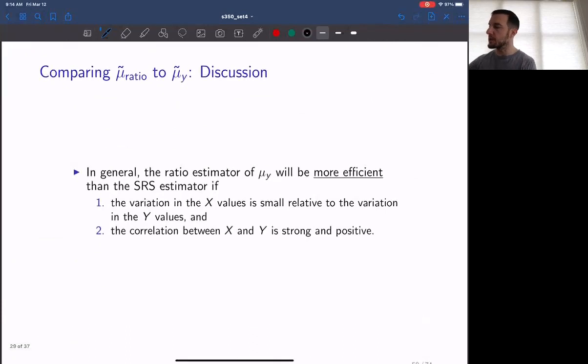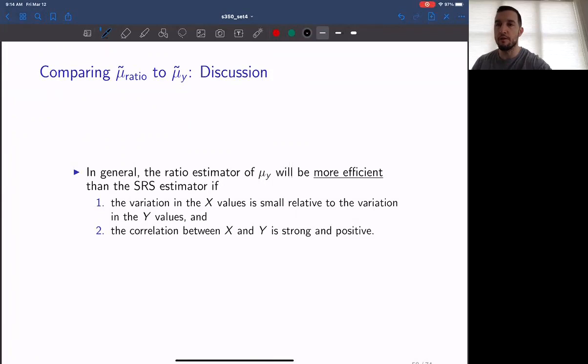Okay, so in general, we expect the ratio estimator to be more efficient than the SRS estimator if the variation in the x values is small relative to the variation in the y values, and if there's a strong correlation between x and y. The second point is the point that we would expect to play a key role in reducing the variance of our estimator for the variable of interest.